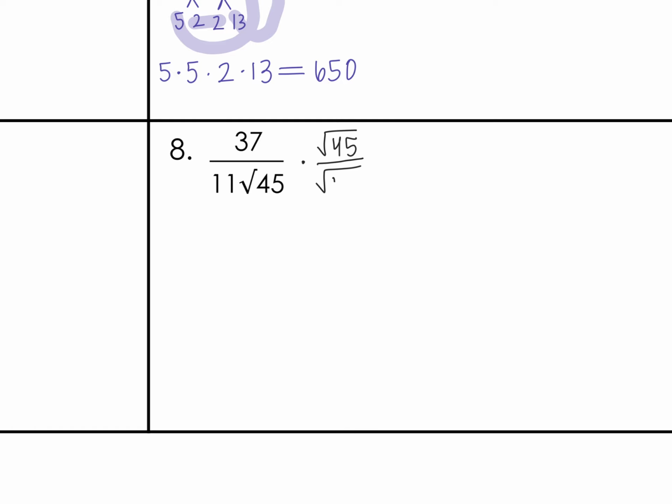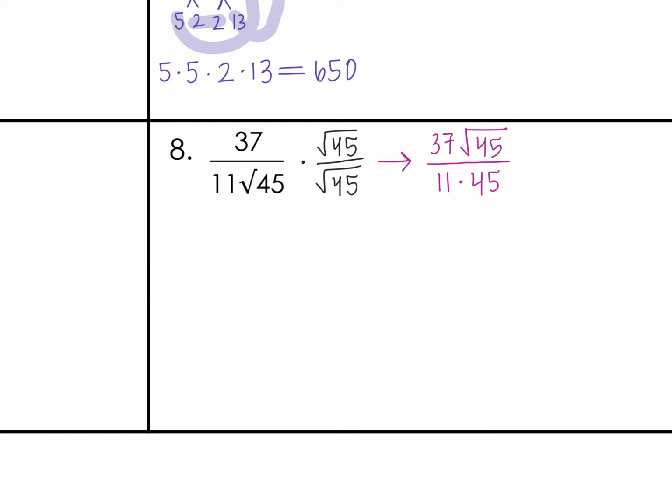To clarify, you can also multiply by that 11, that coefficient, with that root 45, but it keeps your number slightly smaller if you avoid doing that and just focus on canceling out the radical. All right, so now I'm going to multiply. So we have 37 square root of 45 over the 11 times the square root of 45 times square root of 45, which will just become a 45.